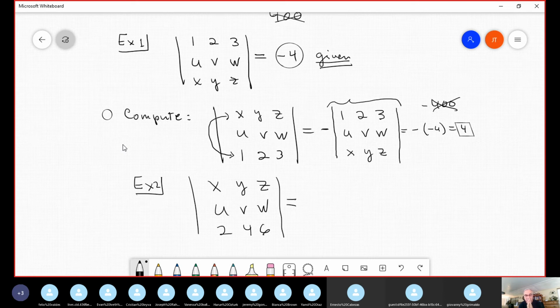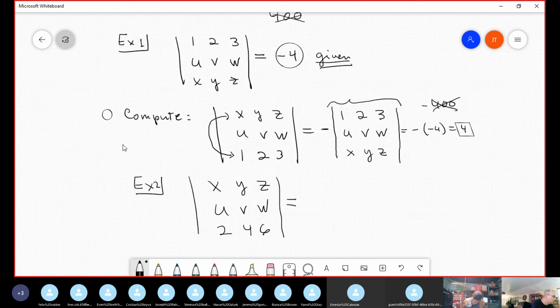Well, I can see that you interchange row 1 and row 3 again, no? Oh, no. Row 3 is 2, 4, 6, not 1, 2, 3. Somebody multiplied by 2, no? Using the property, what number? I don't remember, number 4, no?